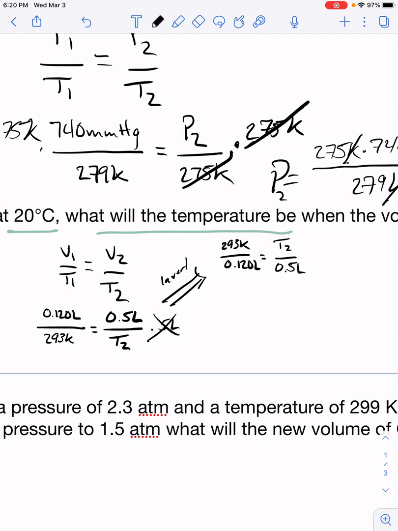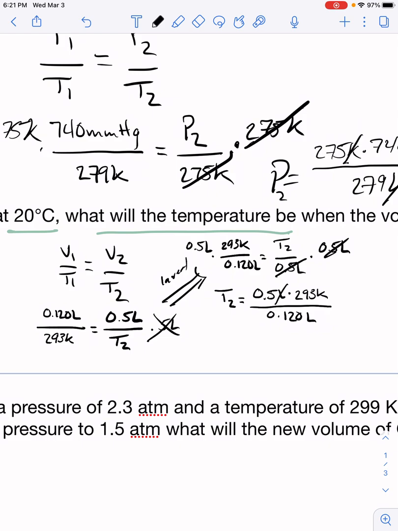So now, when I multiply my 0.5 liters across, I get the correct rearranging of the problem, 0.5 liters times 293 Kelvin divided by 0.120 liters.